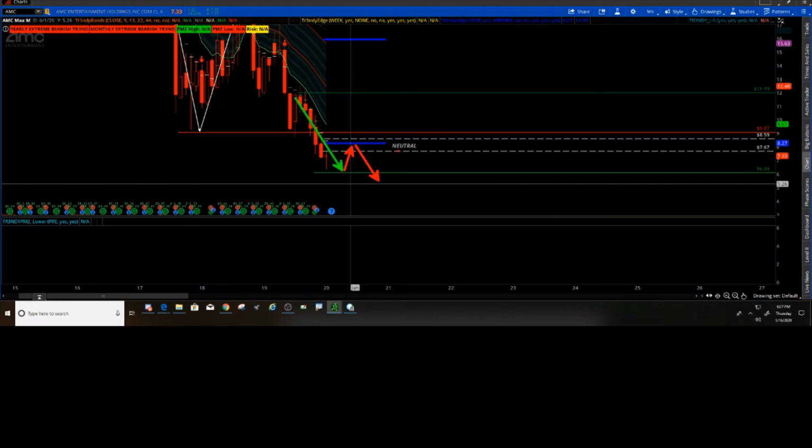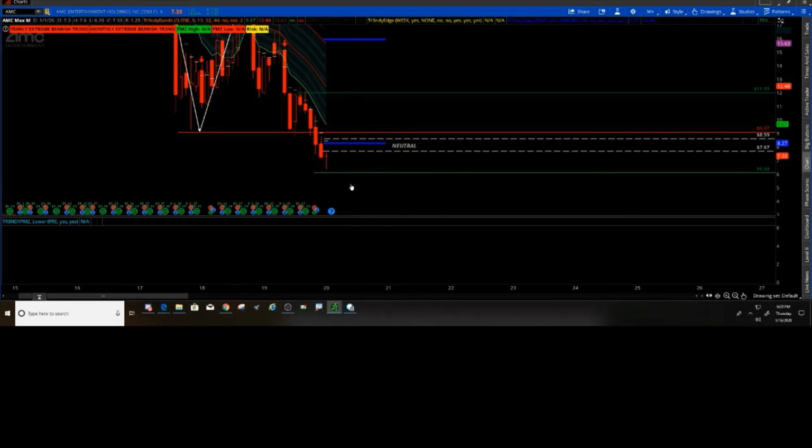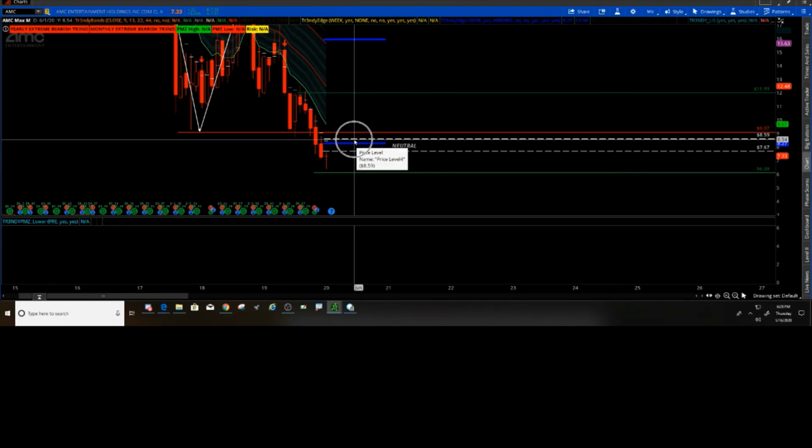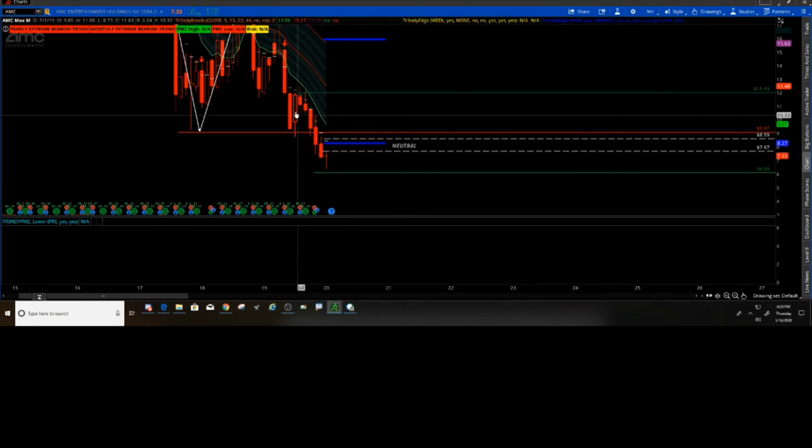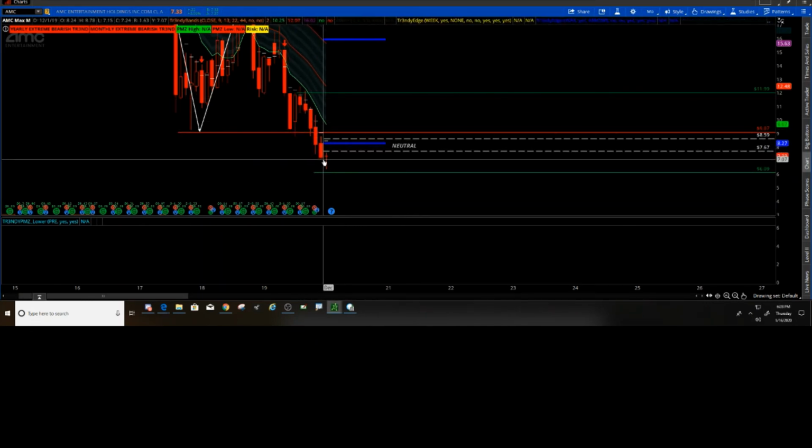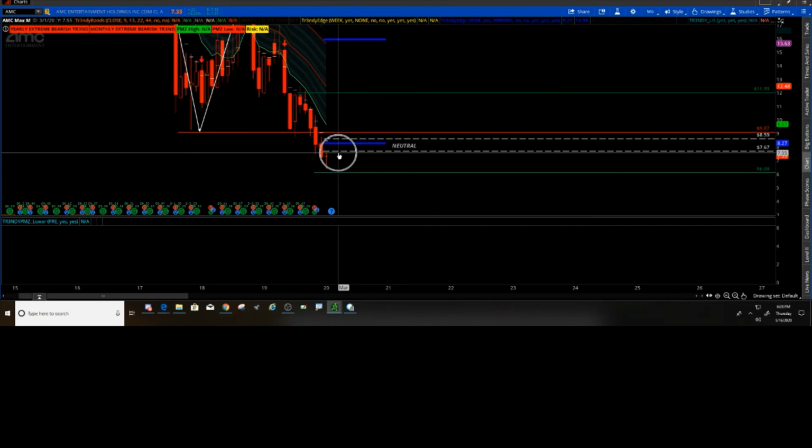For me, this is neutral because it could also break out here. I don't really want to take a long-term investment in this unless we can get out of the neutral zone. Above the 38.2, we're no longer in the bearish channel of this trend. Very important. But as long as we stay under here, I know we're still in that trend.